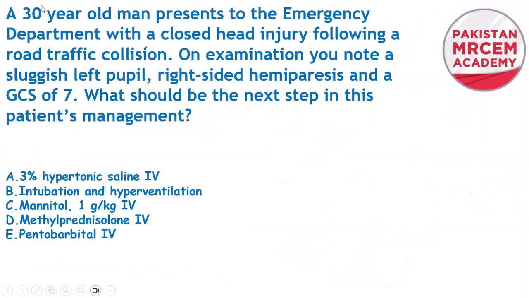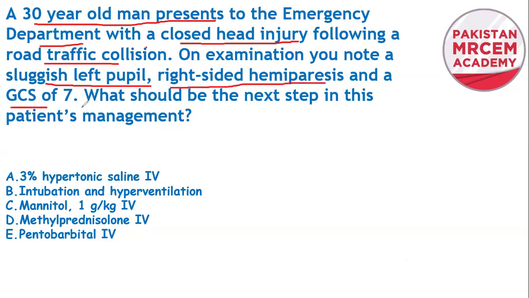Secure the airway with ETT. Next question, what do we have over here? A 30-year-old man presents in the ED with a closed head injury following an RTA. On examination, you note a sluggish left pupil, right-sided hemiparesis, and GCS of 7.